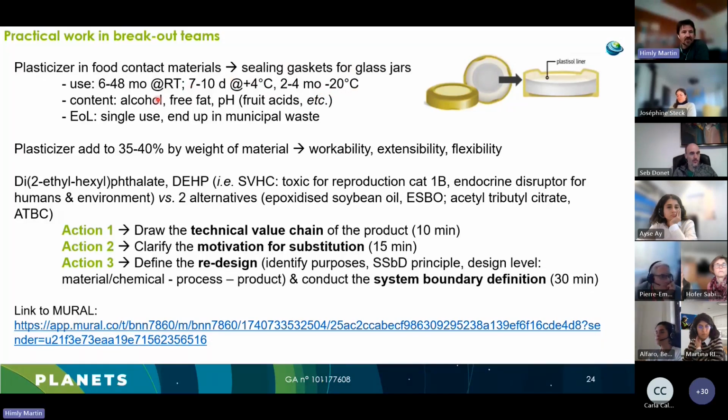The end of life scenario is that these materials are single use, so in the end they end up in municipal waste. So these would also be considerations for the sustainability assessments eventually.